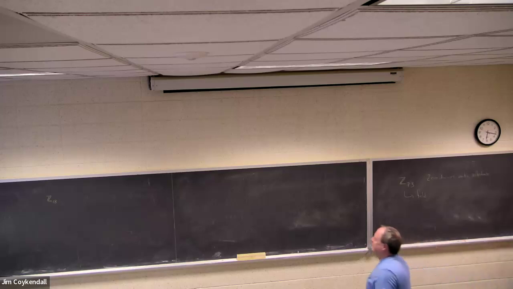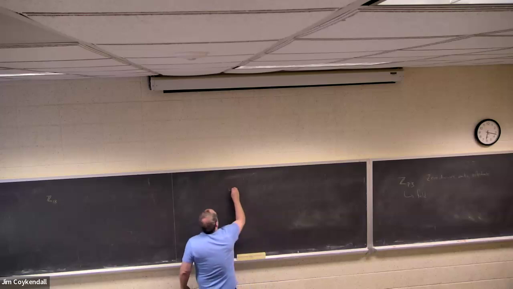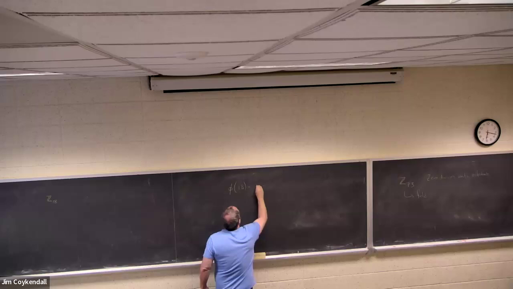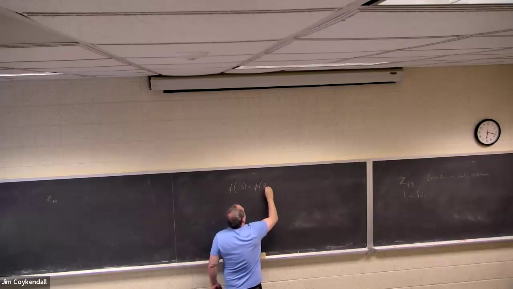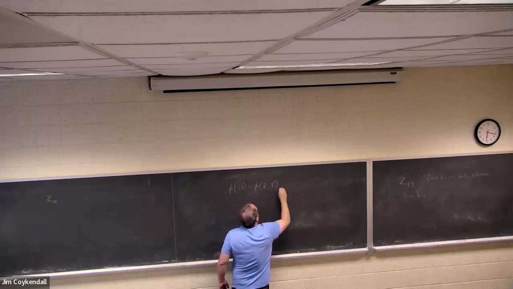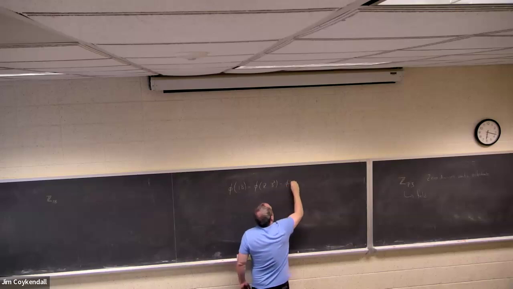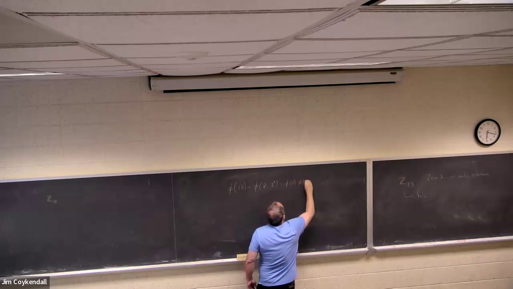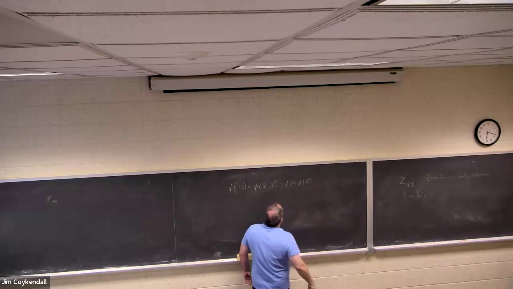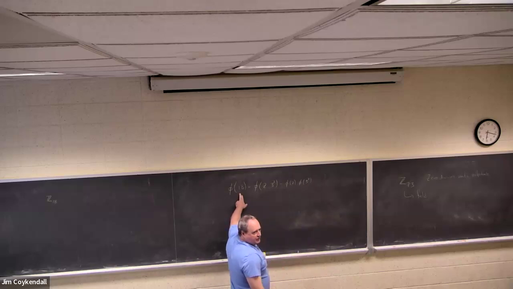You all may not remember this. We talked about the Euler phi function earlier in the notes. Basically, what the Euler phi function does is it counts the numbers between 1 and whatever this n is that are relatively prime, right?